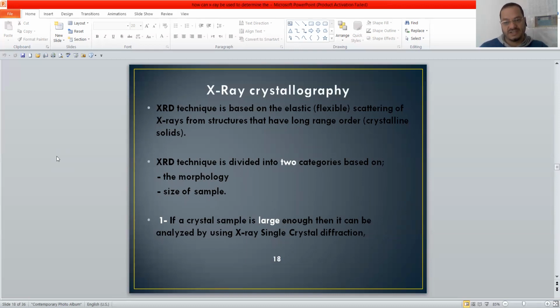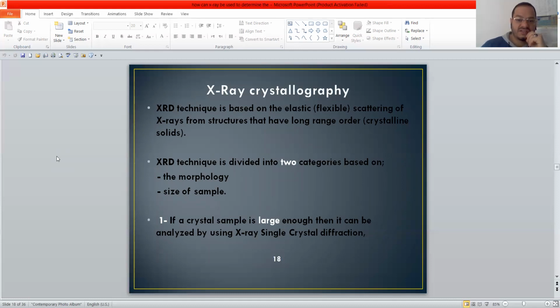This X-ray has two good properties. The first one, when we want to determine the structure of a crystalline, is the high elastic scattering in this beam, and the long range order.